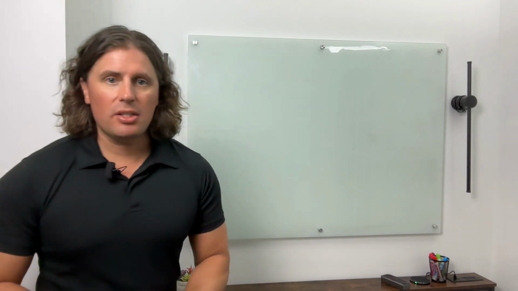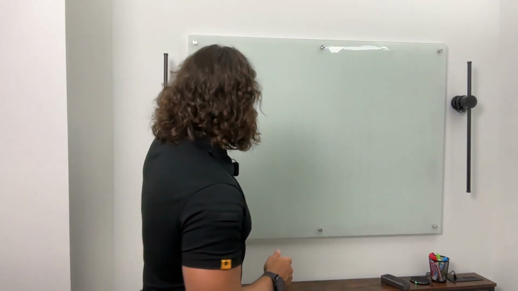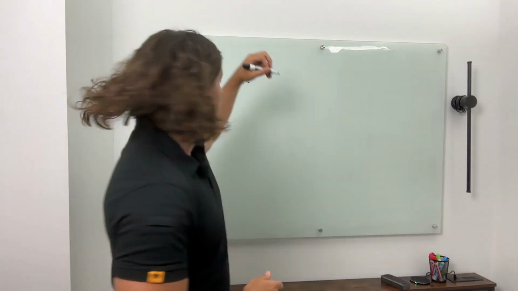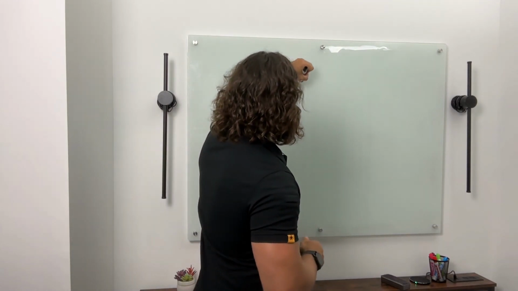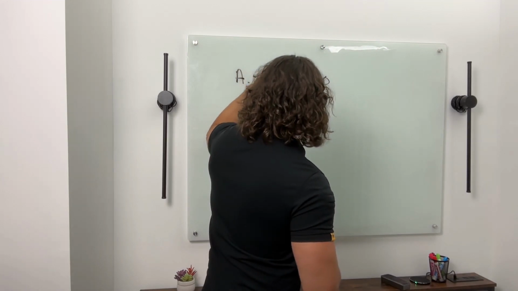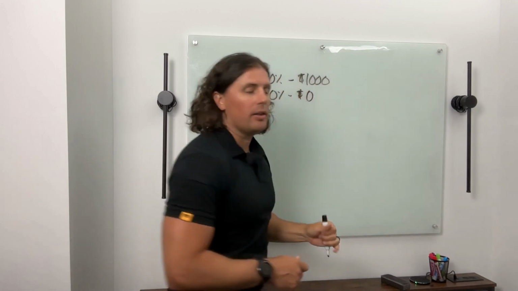So here we go. Let's start with the first step. And of course, going to use an example to get us started. Option A is we've got an 80% chance to win $1,000 and a 20% chance of $0.